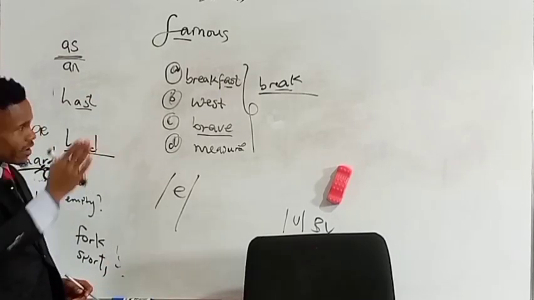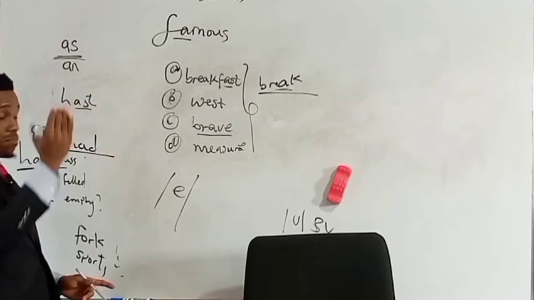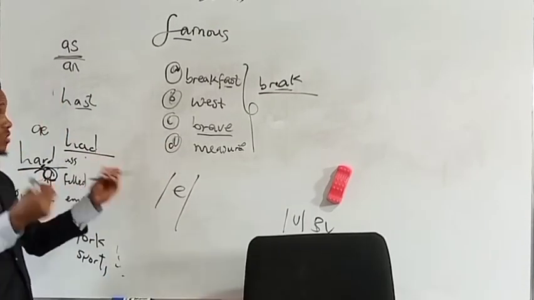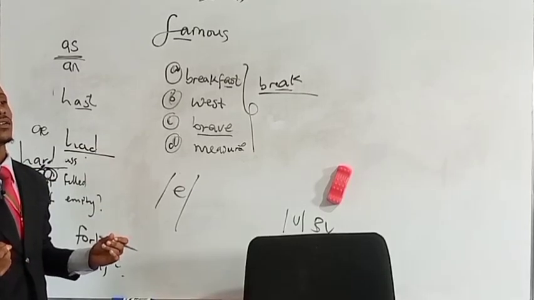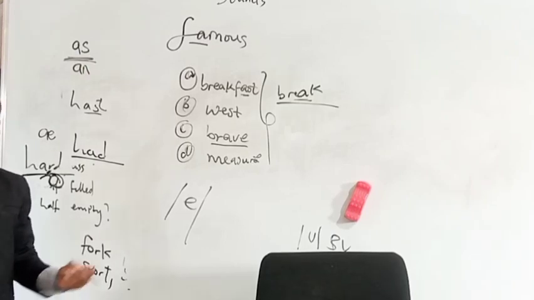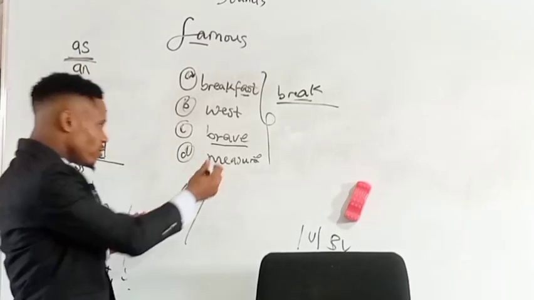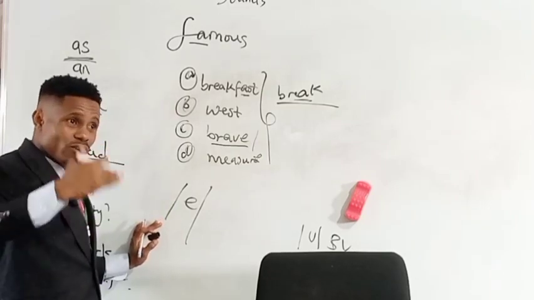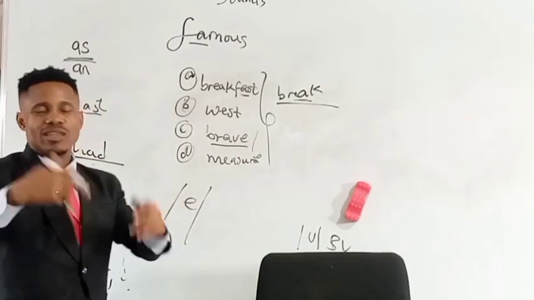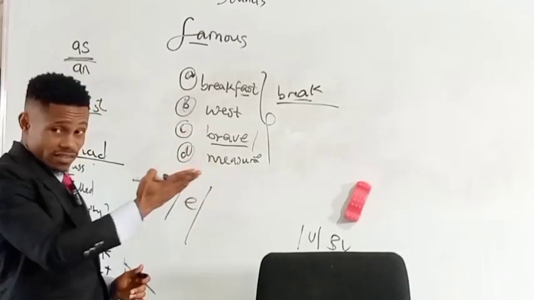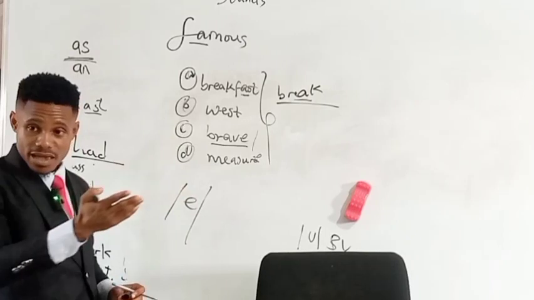Breakfast, waste, brave, measure. In which one is this A being obstructed? Keep pronouncing it. Brave. Now, you still have the A, right? But it's as if something is obstructing the A, unlike break, waste, measure.